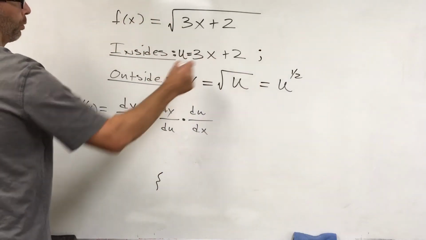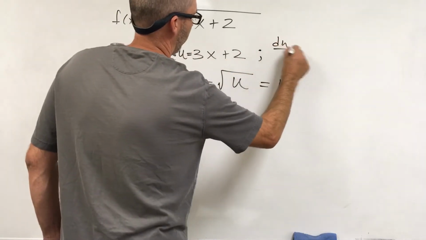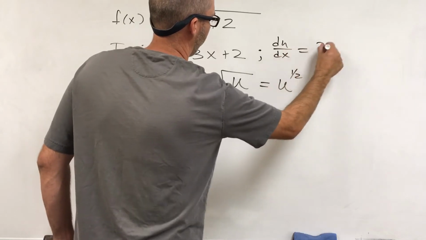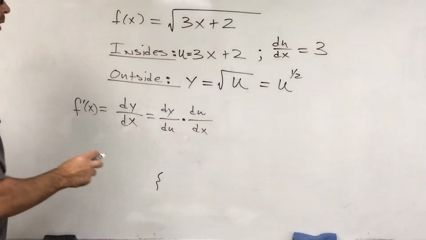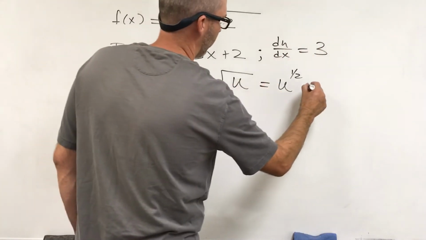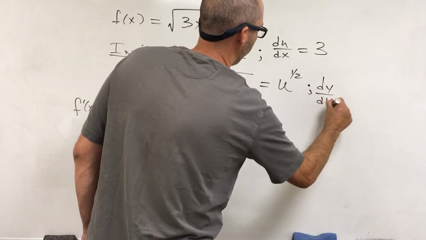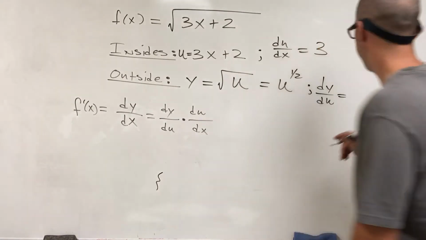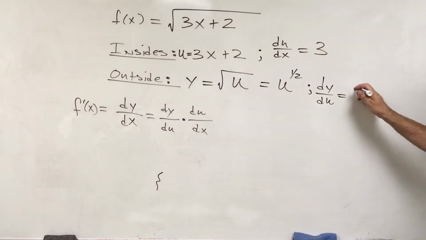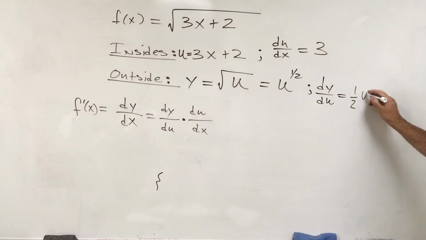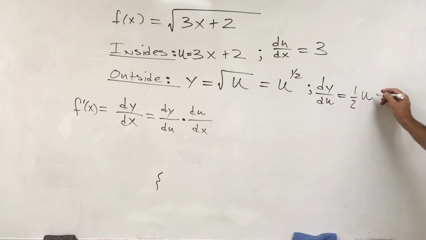Okay, so if u is 3x plus 2, du dx is 3. If y is u to the 1/2, dy du. Let's see, how do we do that, right? We pull down the 1/2. u to the 1/2 minus 1.